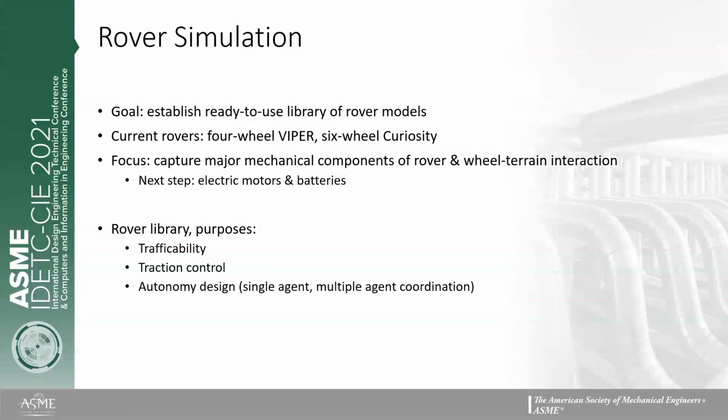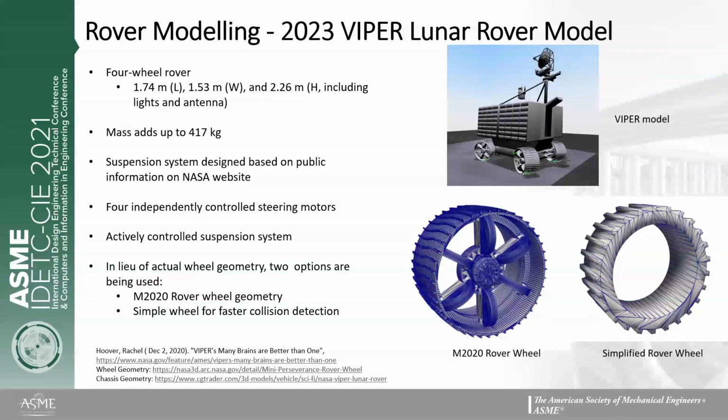The first rover model we have developed is the 4-wheel VIPER lunar rover, which has a body length of 1.74 meters, a body width of 1.53 meters, and a 2.26 meter height. The mass of the rover adds up to 417 kilograms. The major mechanical components include 4 independently controlled steering motors and driving motors, and an actively controlled suspension system.